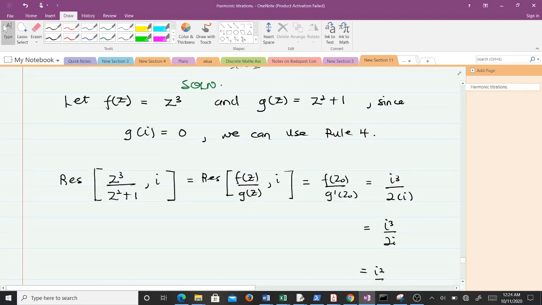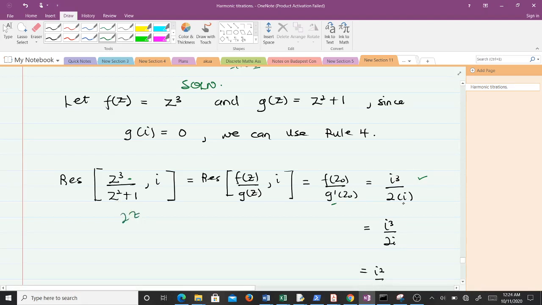So using rule 4, the residue of z cubed over z squared plus 1 at i, when you use rule 4, you're going to find it to be f of z0 over g prime of z0. Okay, so when you make the substitution, you're going to get i cubed here because we have z cubed here. Then when you differentiate z squared plus 1, you're going to get 2z.